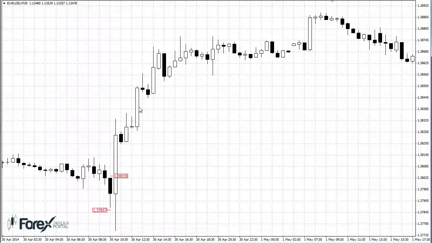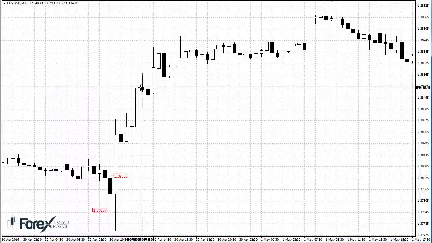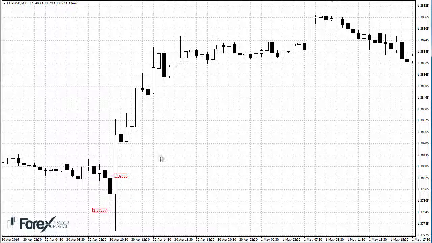And when this bull candle is closed, we exit the market with a profit of around 45 points. So we lost 17 pips with the first order, and we made 45 pips with the second order. Accordingly, 45 minus 17 will be 28 points. So we have earned 28 points despite the fact that our first order was closed with a loss.